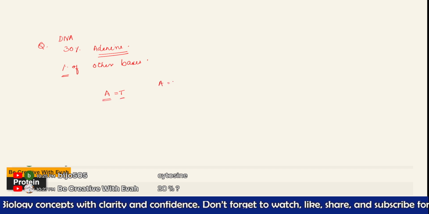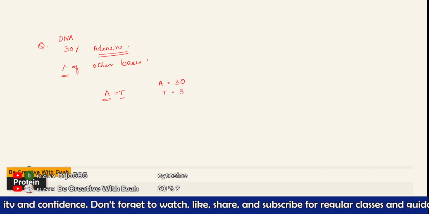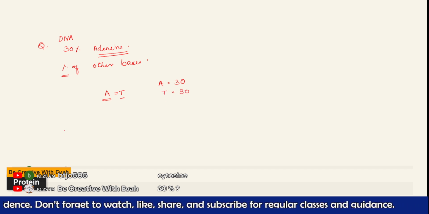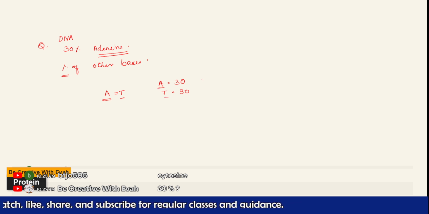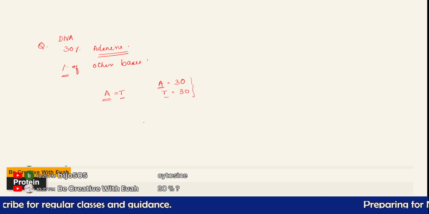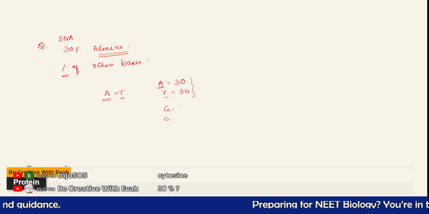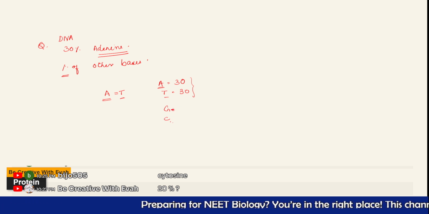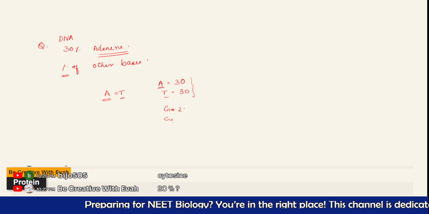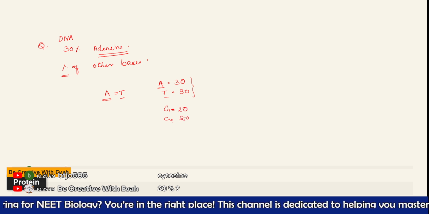If adenine is 30 percent, then thymine will also be 30 percent. That means out of 100, already 60 is over. Then guanine and cytosine together are 40 percent. Since guanine is equal to cytosine, 20 percent will be guanine and 20 percent will be cytosine.